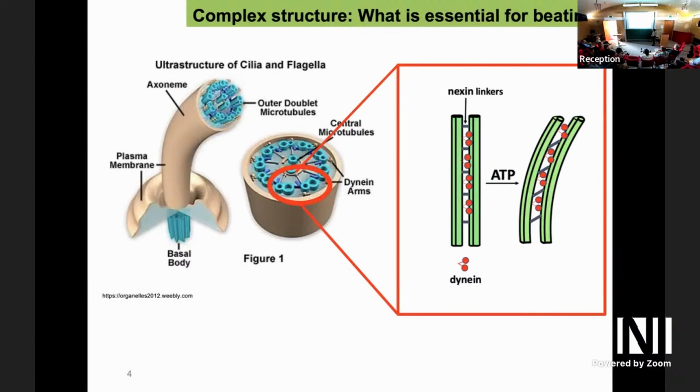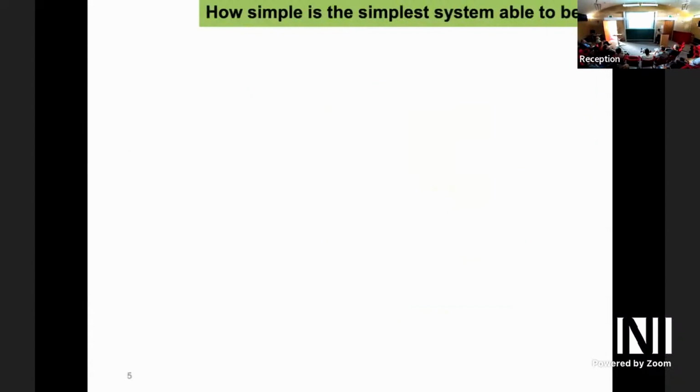The bending is given by the fact that these microtubules are linked by special cross-linking proteins. When we began this project, we asked how simple the simplest system that is able to beat can be.